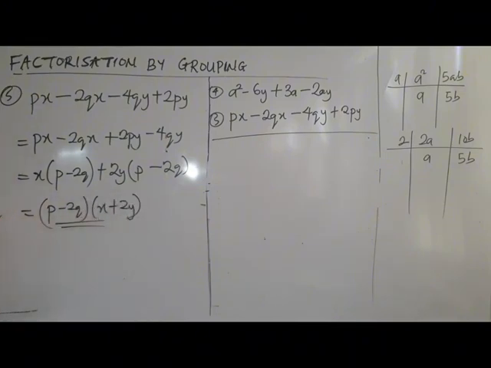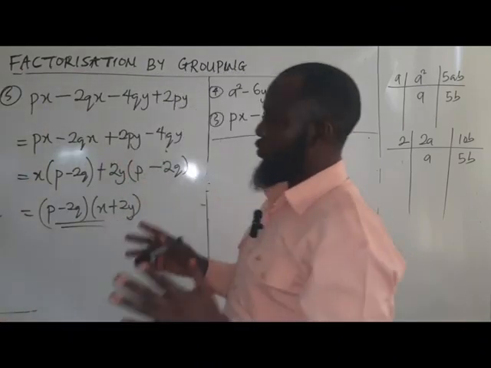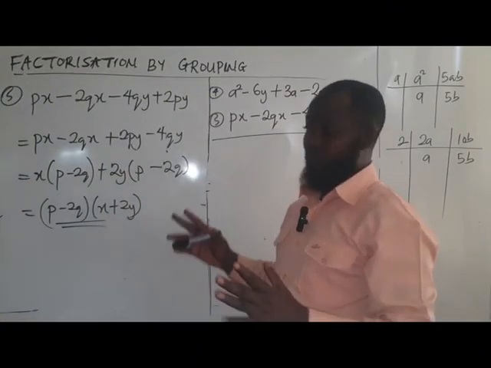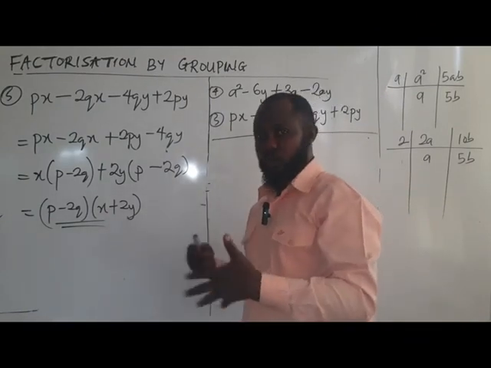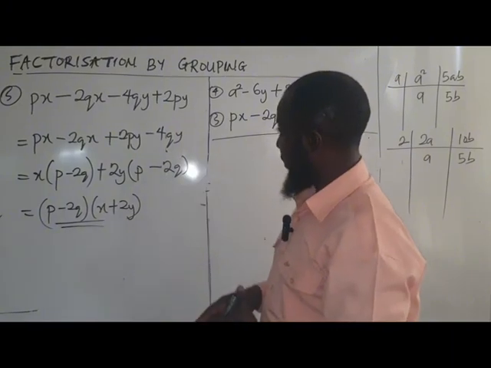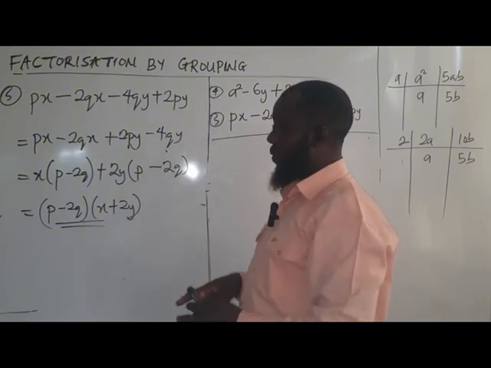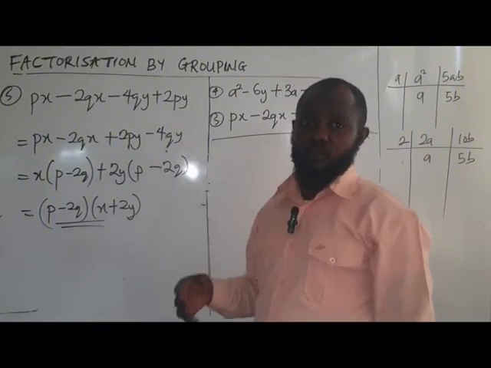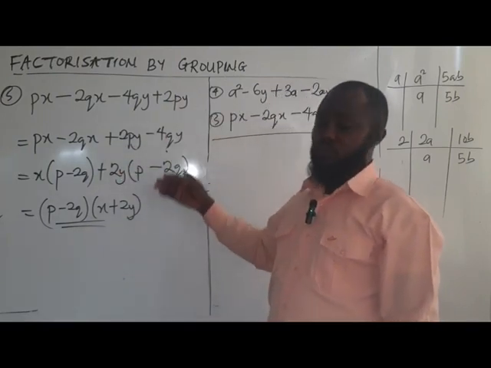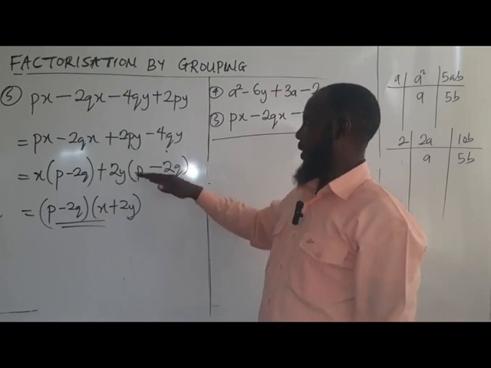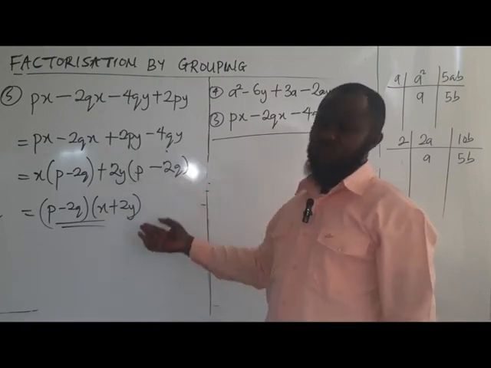So you can see that it's very simple and straightforward. What you just need to do is, when you solve more questions on this, you get used to the way questions are set on this type of question, and you'll be able to know when to rearrange and when not to rearrange. And even if you don't rearrange, when you solve it and get to a particular stage, you know, okay, at this stage I have to rearrange, then you just go back.